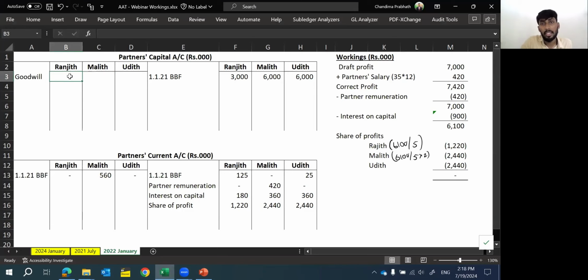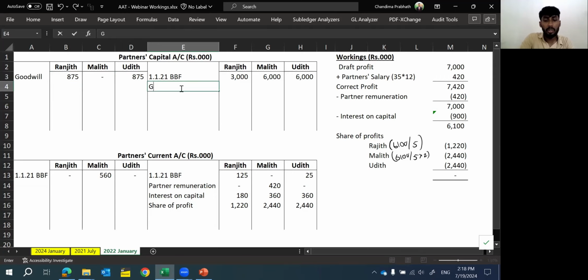So our total amount is 1,750. 1 to 1 means equally 50-50, so divided by 2. Debited to Rajit and Udit, the same amount, 875, 875, at the new ratio.